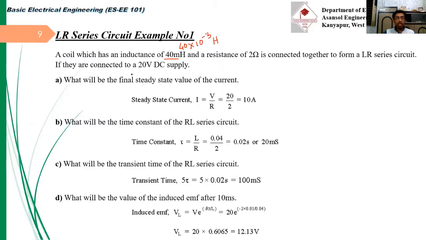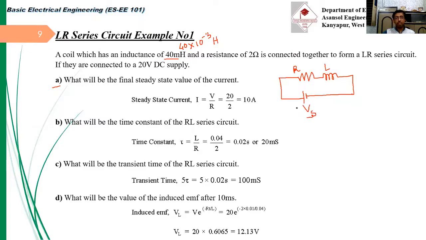If they are connected across a 20 volt DC supply, number 1, what will be the final steady state value? First, draw the circuit. This is our resistance, next is an inductor, connected across a voltage source. This is R, this is L, this is our Vs.